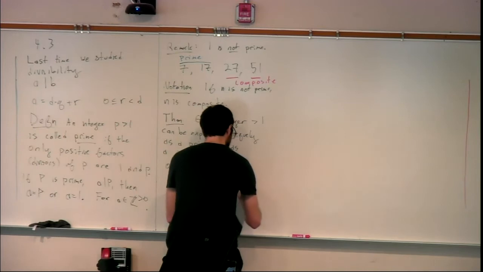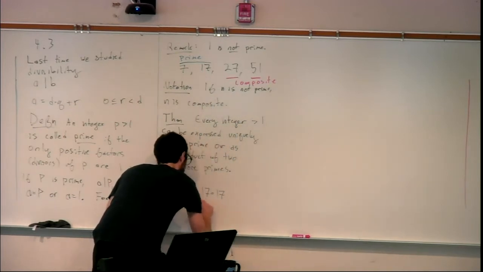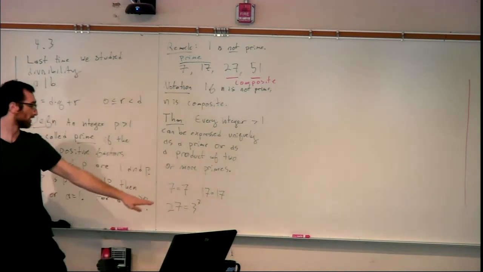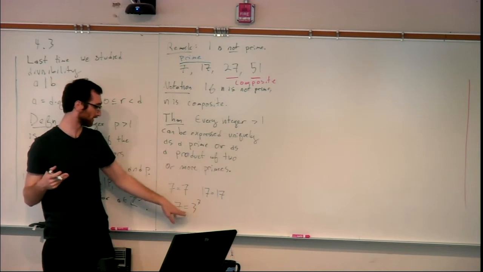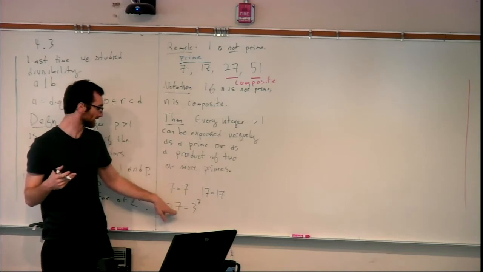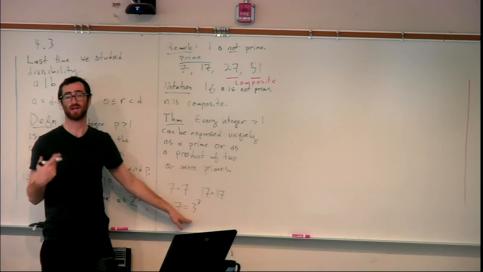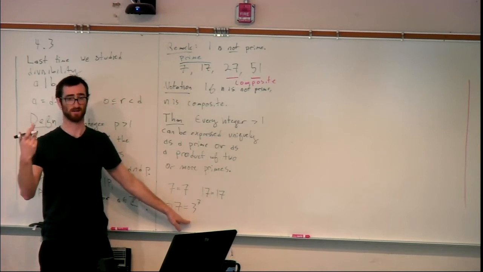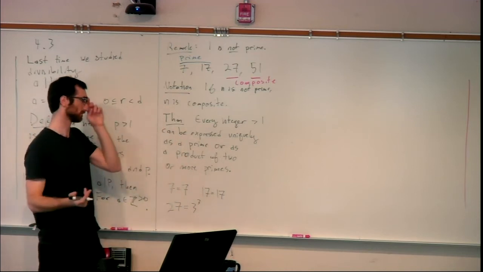So 27 is equal to 3 cubed. So here I'm just listing the primes that appeared. What I'm listing here is the way to write out 27 multiplicatively such that I'm only multiplying primes together. I multiply the prime 3 by itself 3 times and I get 27.